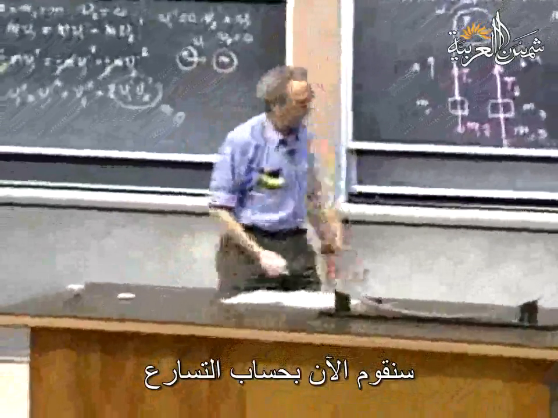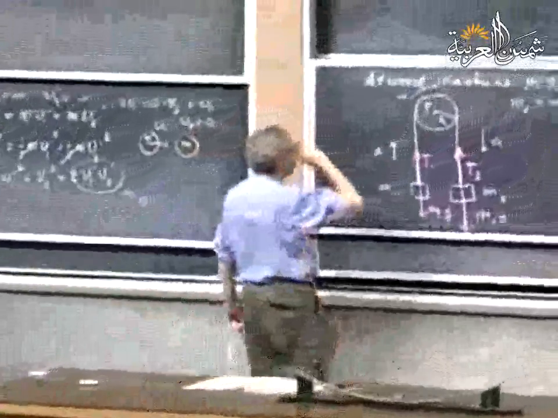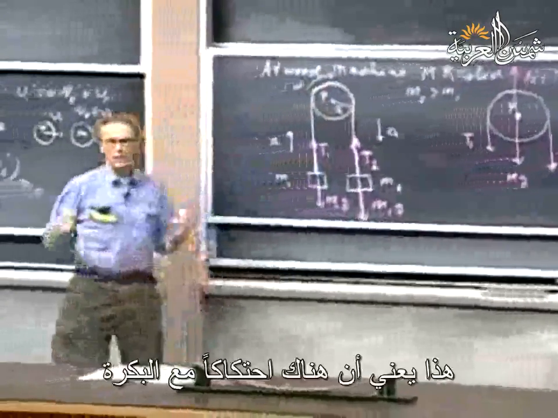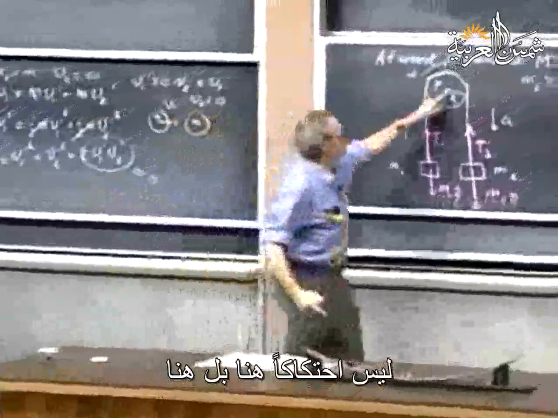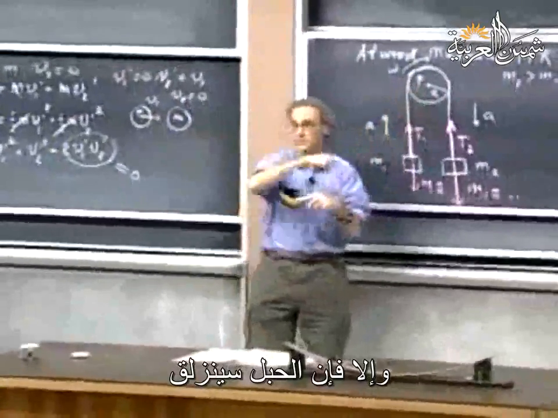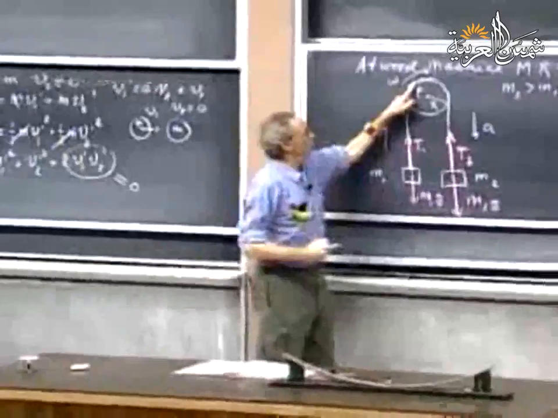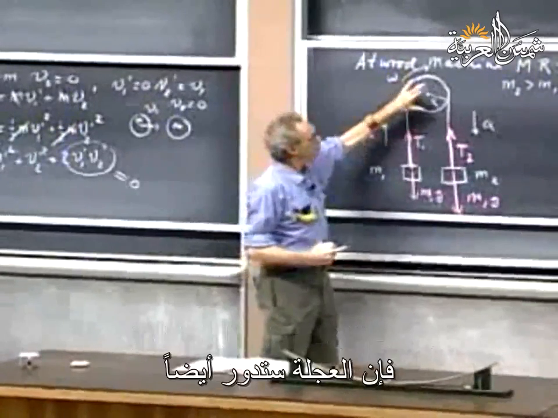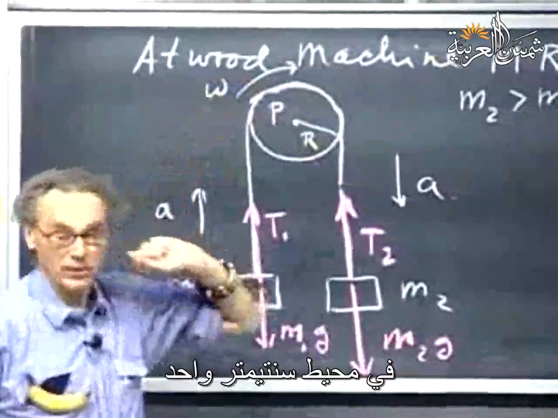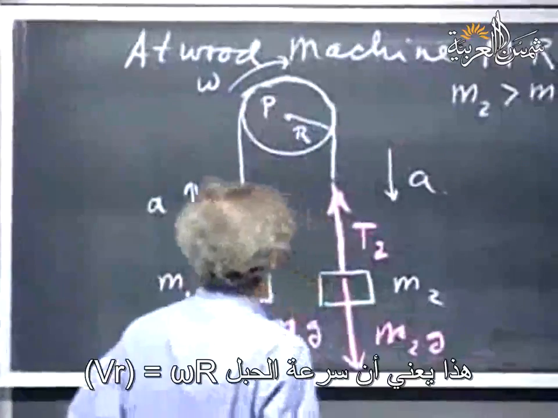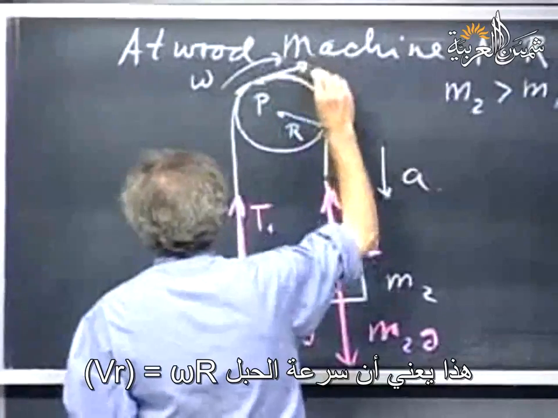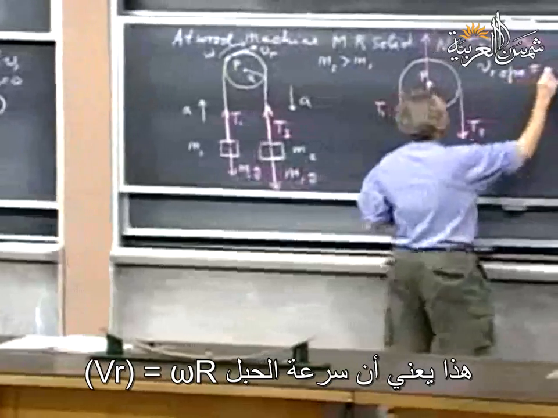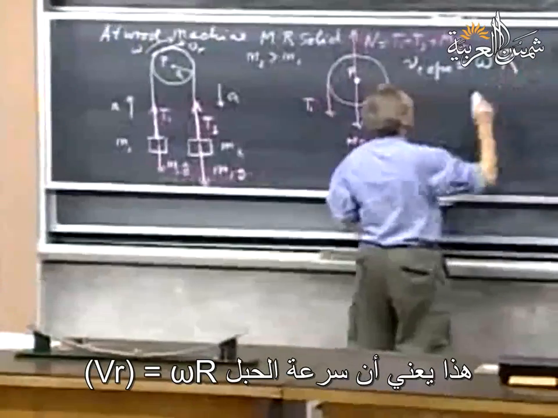So now we're going to calculate the acceleration under the condition that the rope does not slip. That means there is friction with the pulley, not friction here, but here, otherwise the rope would slip. What it means if there is no slip, is that if the rope moves 1 centimeter, the wheel also turned at the circumference 1 centimeter. That's what it means when there is no slip. That means the velocity of the rope, v of r, must be omega times r of the pulley.